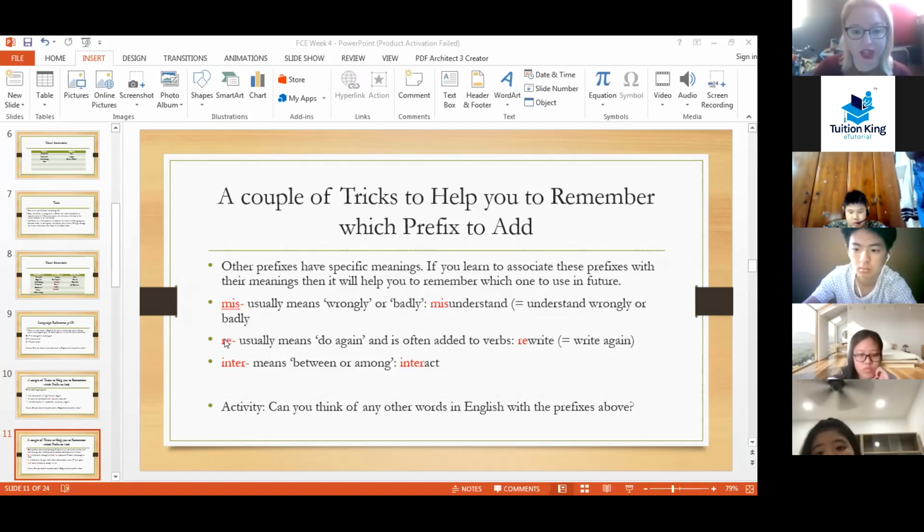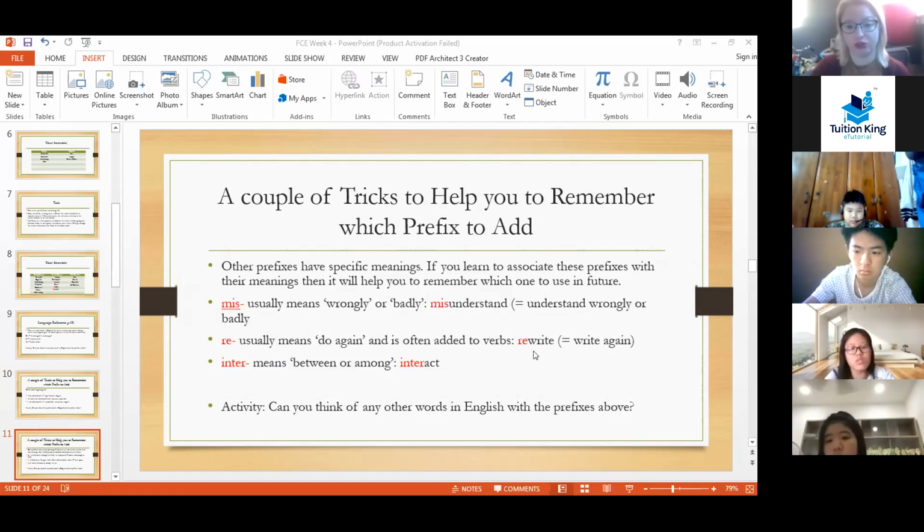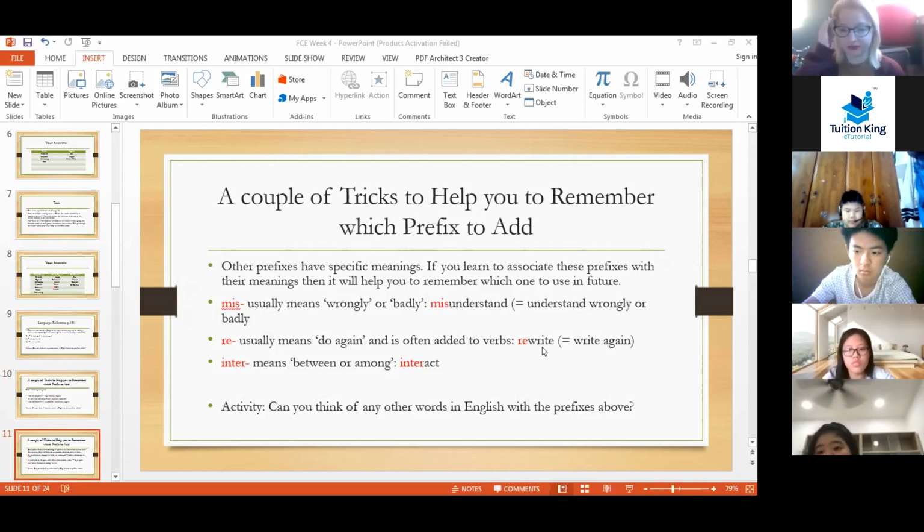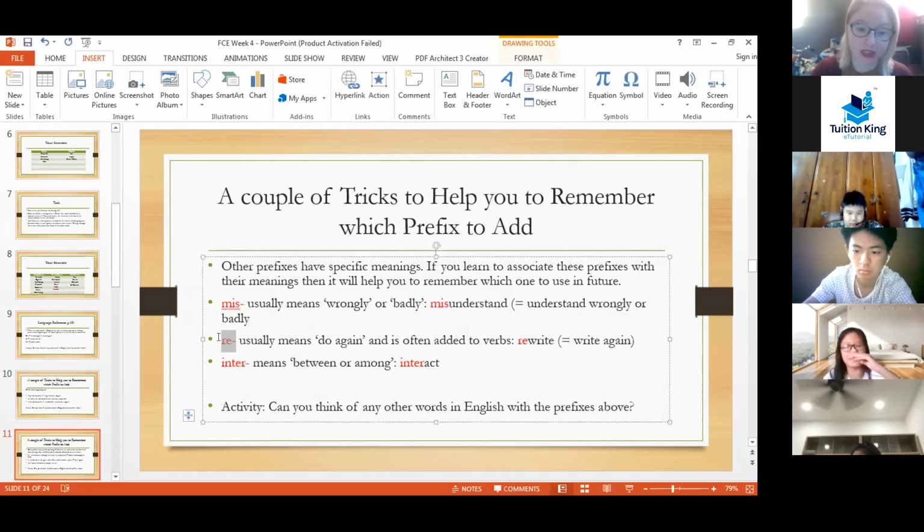And anything with the prefix re usually means to do again, and it tends to be added to verbs, so to do an action again. So you'd expect it on verbs: to write, to rewrite. And just for your information, if any of you decide to ever learn French, French has the exact same prefix to mean the exact same thing. Just in case any of you are interested to know. And English as well.